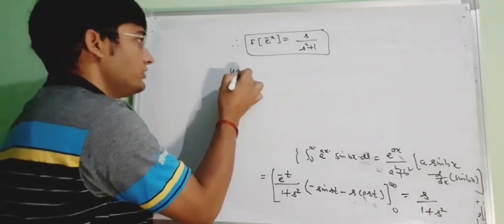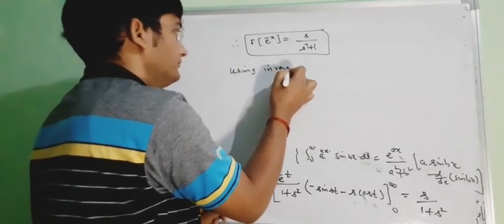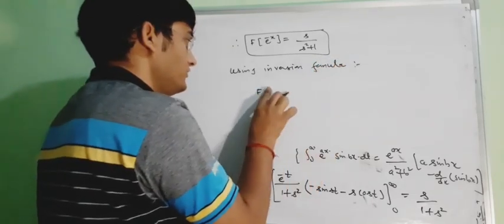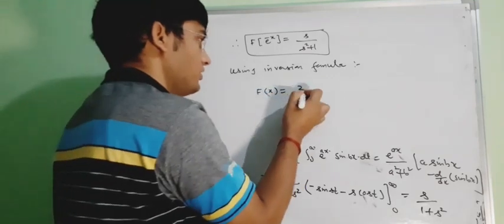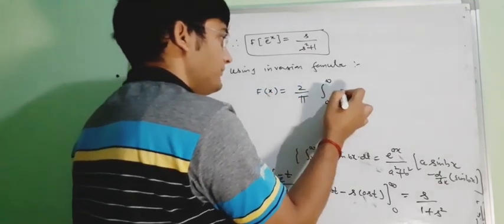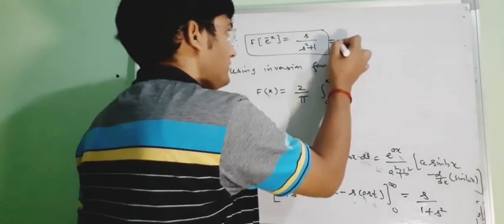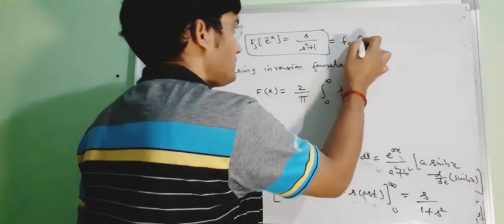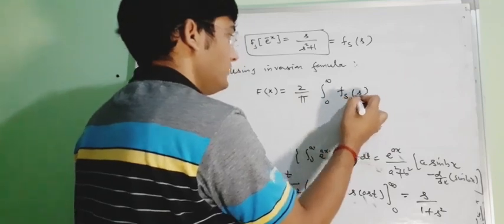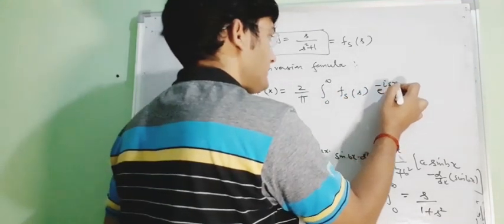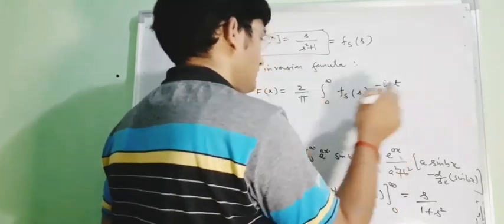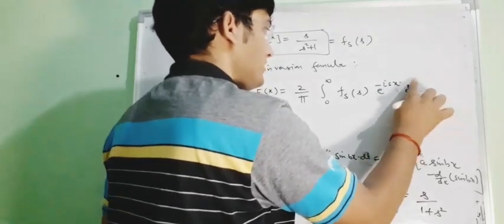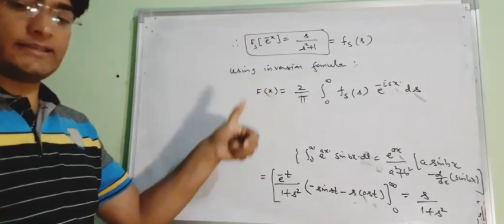Now, using the inversion formula, the inversion formula of the sine transform is equal to 2 upon pi times the integral from 0 to infinity of the Fourier sine transformation of f, times sin(sx), integrated with respect to s, because we are getting f(x).